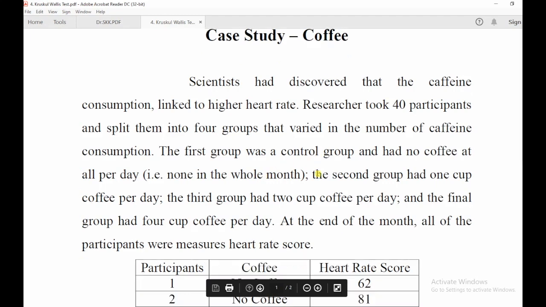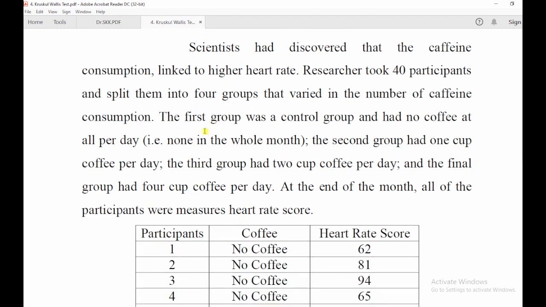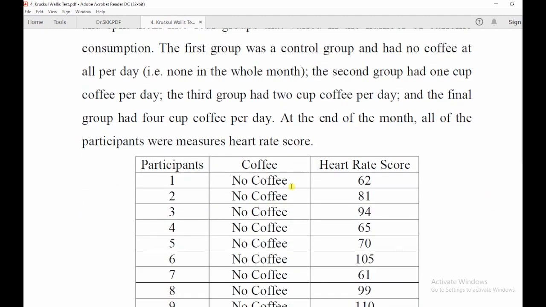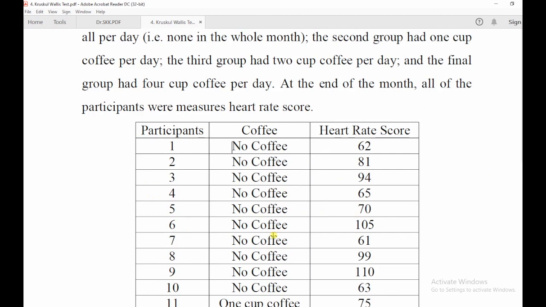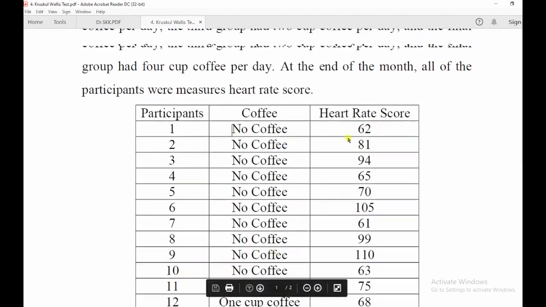You can go through this case study. The scientist had discovered that caffeine consumption is linked to higher heart rate. The researcher took 40 participants and split them into 4 groups that varied in the amount of caffeine consumption. The first group was the control group. It means we are not giving coffee to the 10 people and we are measuring the heart rate score.